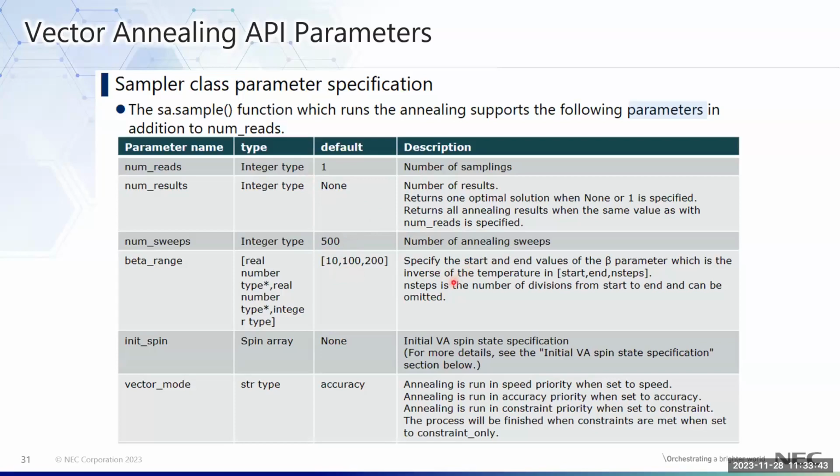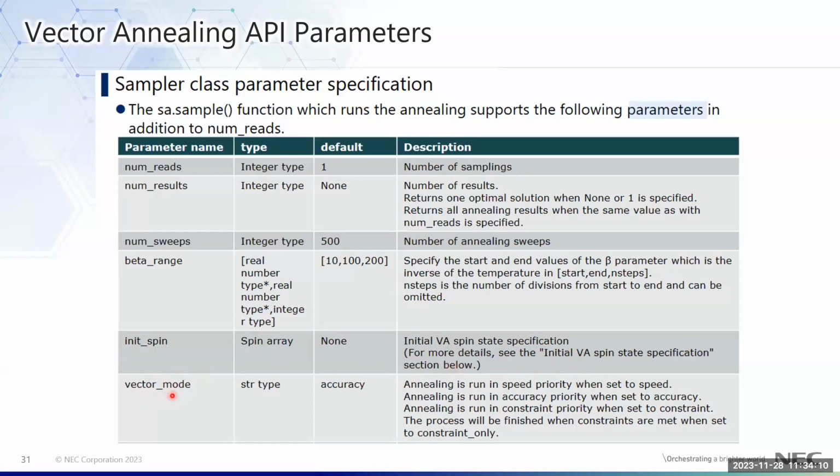And in this case, the n steps that you provide is the number of divisions from start to end, and it's an optional parameter. Then you provide an initial spin. It is also an array where you specify the state. We have a specific section about it in the user's guide.